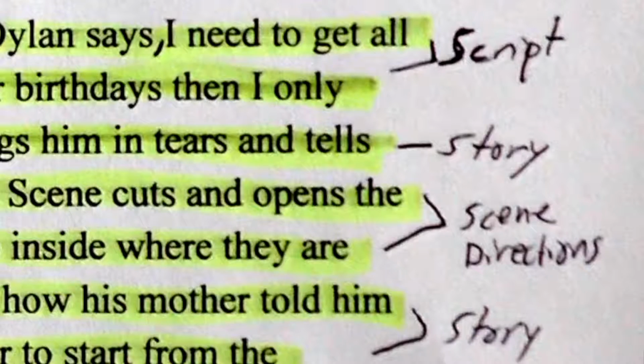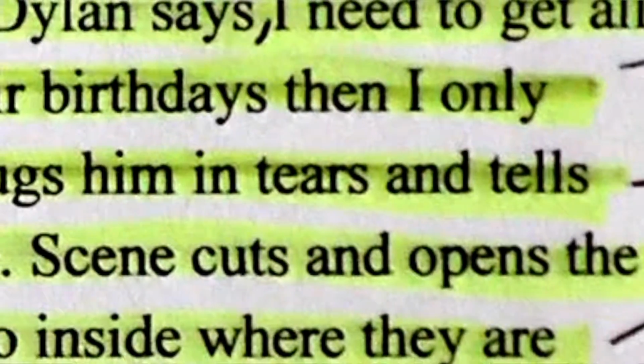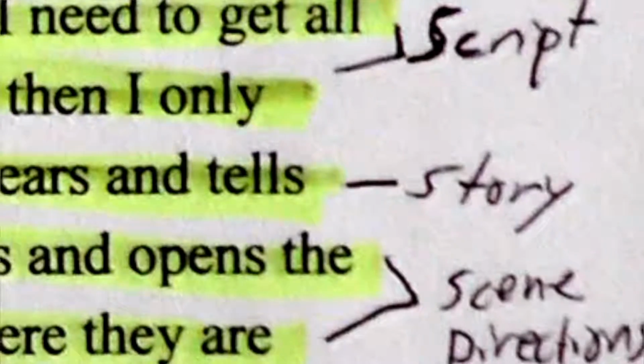So you can see within that one passage there were the three different parts of writing a story. You had the script with Dylan saying, "I need to get all the information I can because," and then you have the story with "She hugs him in tears and tells him she loves him. He tells her he loves her and walks out of the house," giving details within the story.